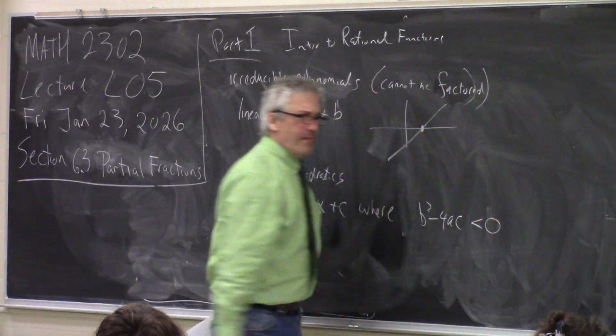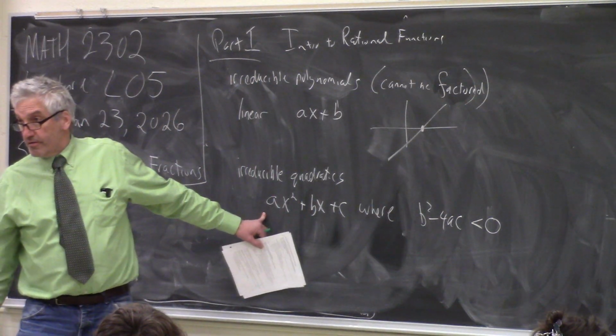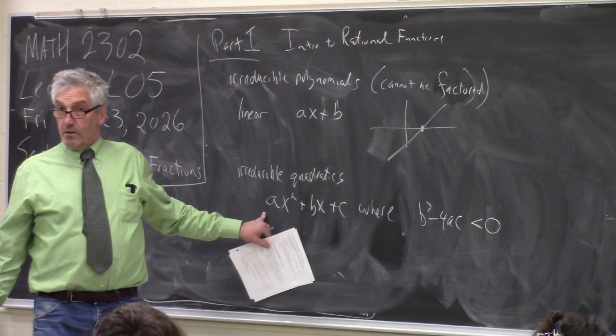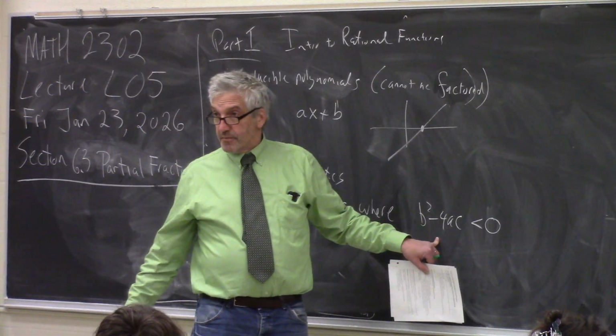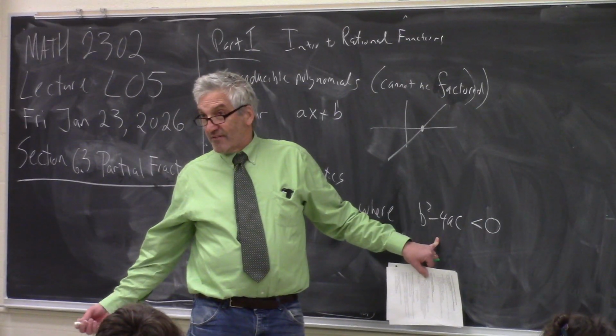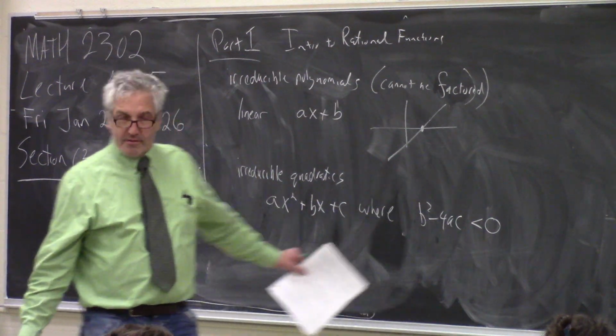Why does that matter? Well, when you have a quadratic and you're trying to find the values of x that cause this to be 0, you use the quadratic formula. And if it turns out that this term in the quadratic formula is negative, well, you have to take the square root of that, and you can't. So that means there are no x's that will cause this thing to be 0.